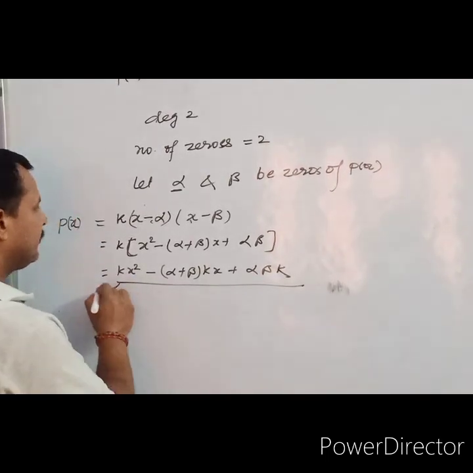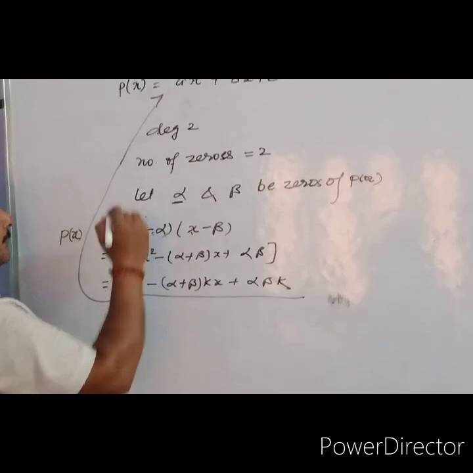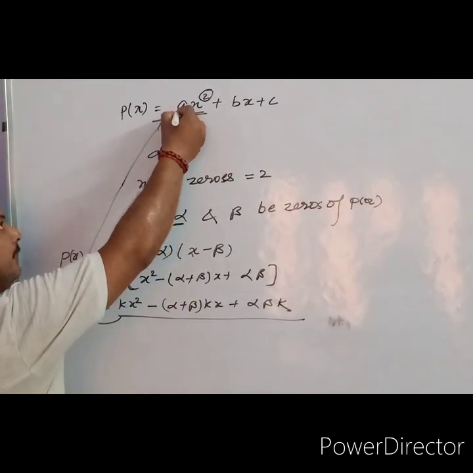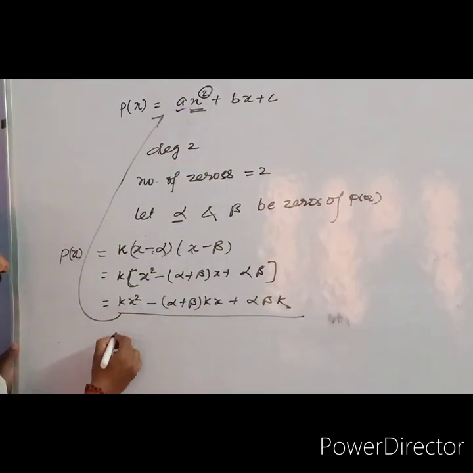But if you compare with this, here the x square coefficient is A, and here the x square coefficient is k.